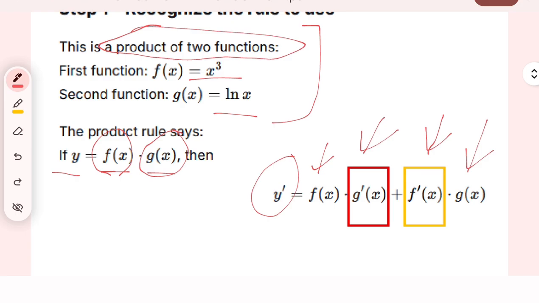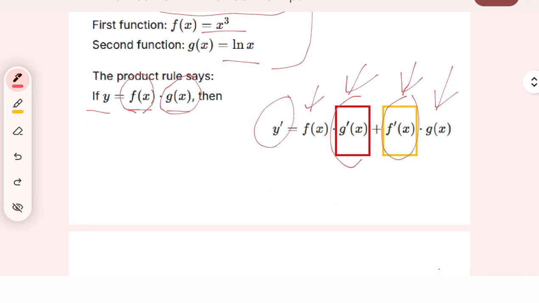All you need to do is take the derivative of the first function and the derivative of the second function, and then apply the product rule. As you can see, these are derivatives: the derivative of one function, and the derivative of another function.